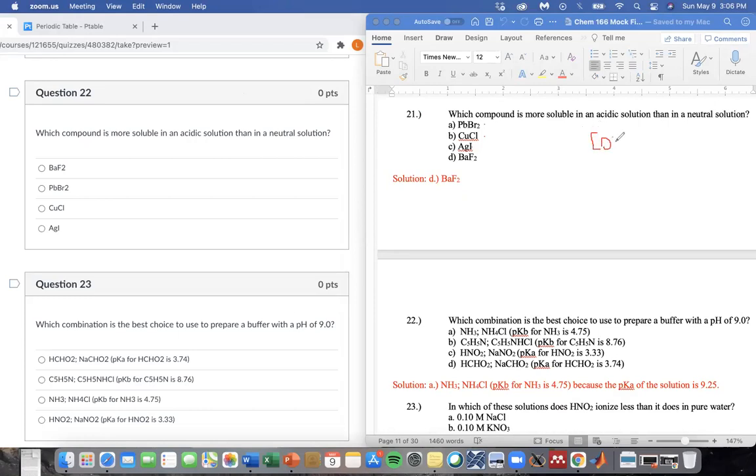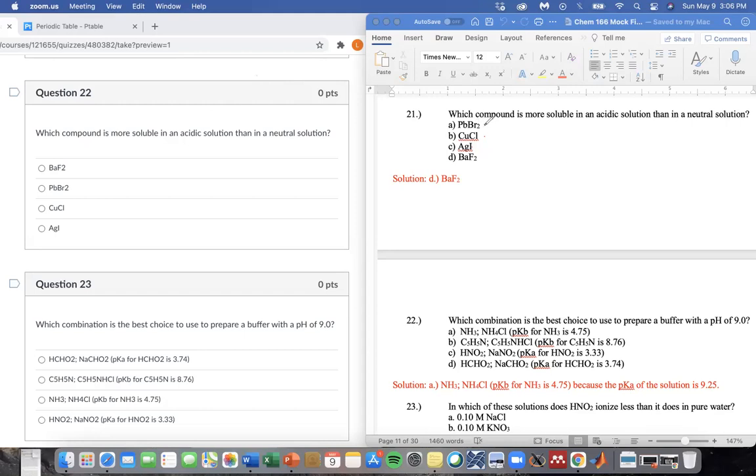If you're producing a weak base, it's going to go through ionization and produce OH- and cause the common ion effect. So a compound that has a basic ion that produces a basic solution is going to be more soluble in an acidic solution, because there's less of a common ion effect than in a neutral or basic solution.